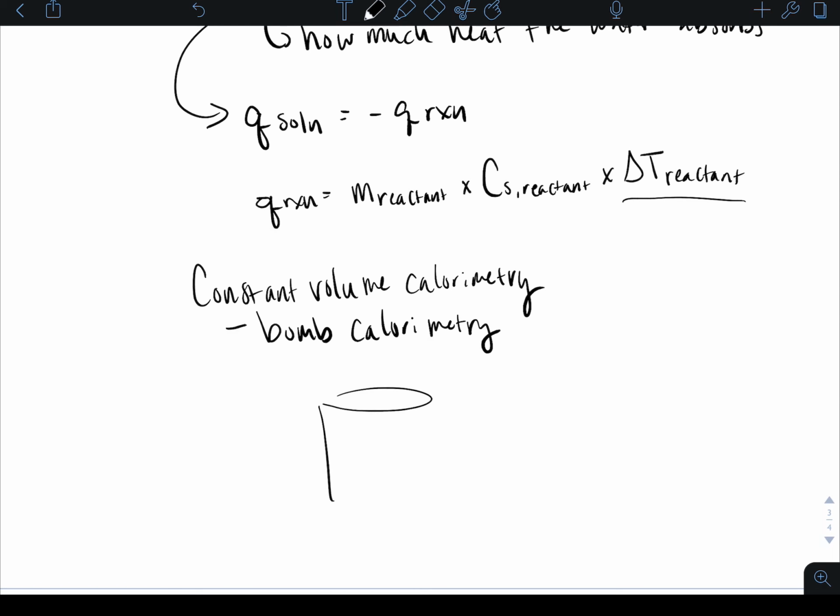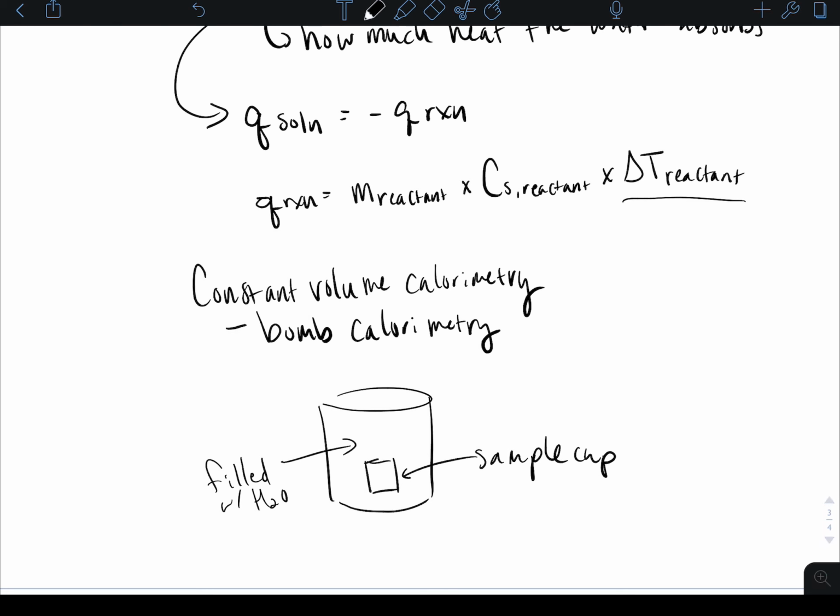So you've got an insulated box, and in there you've got a little sample cup, and that's where you actually have your sample, right? And then the entire thing is filled with water. So your reaction is separated, but it's going to be releasing heat to that water. And this is almost always combustion reactions.